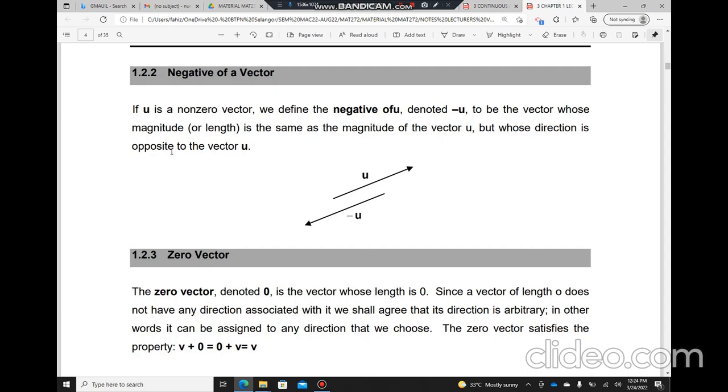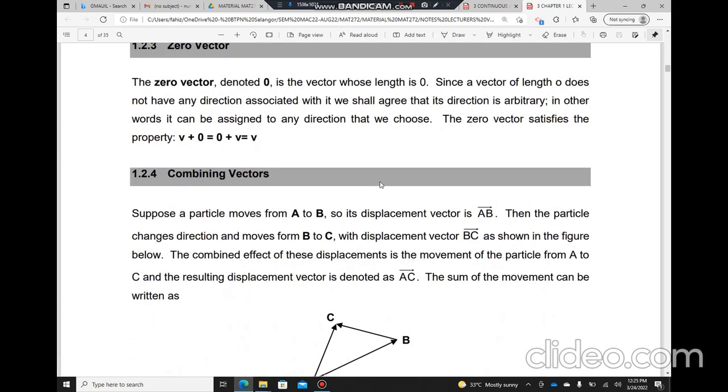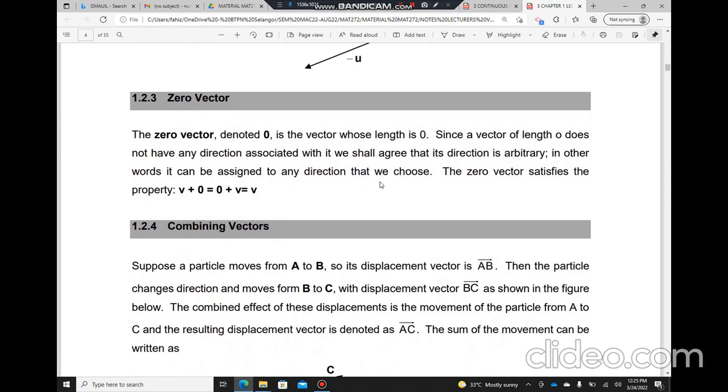Okay, apa maksud negative vector? Negative vector ni magnitude dia sama, maknanya panjang length dia sama tapi direction dia berbeza. Kalau tengok vector u dia ke atas, then another one vector dia ke bawah. So dia adalah negative of a vector. Okay, next we have zero vector.